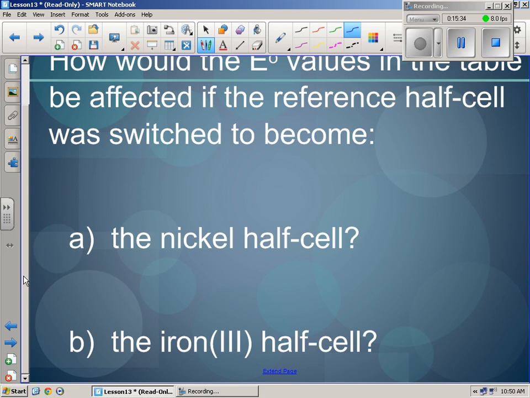So find the nickel half cell. What is the nickel reference half cell? What's the number that goes with it? Negative 0.26. If I want to make that the reference half cell, what do I have to do to it? I have to make it 0, right? How am I going to make it 0? Add 0.26. Okay? And you do that to everything in the table, by the way.